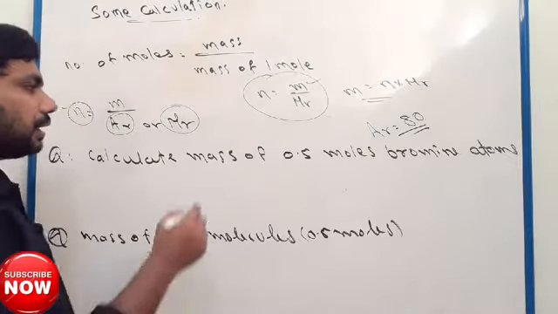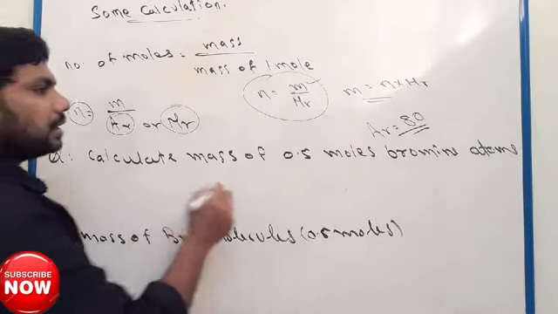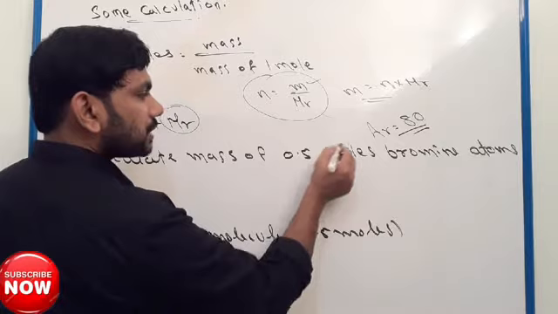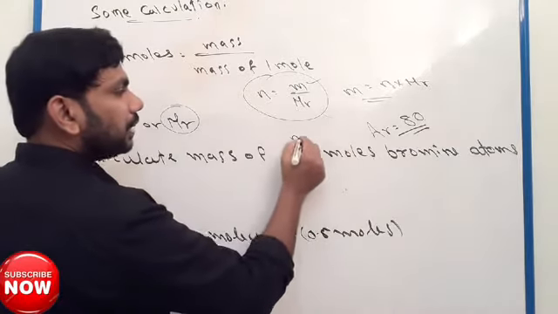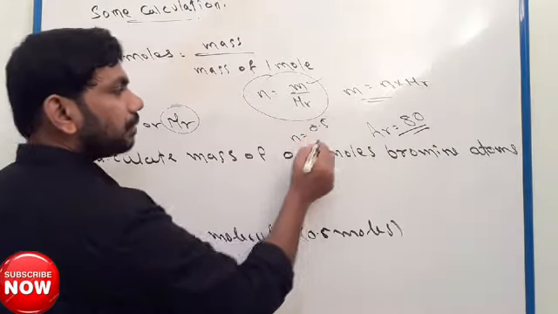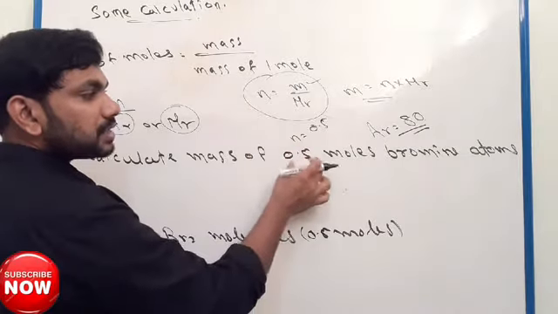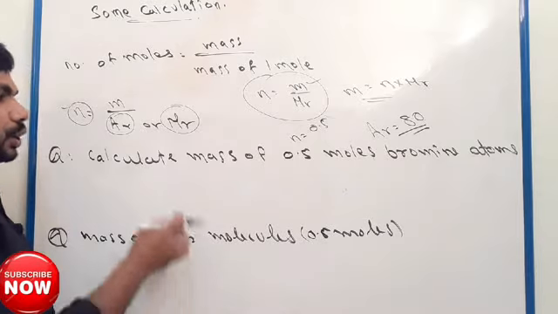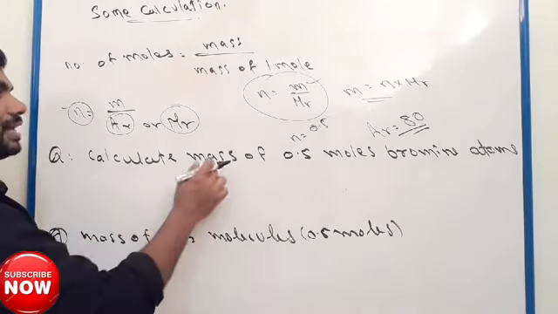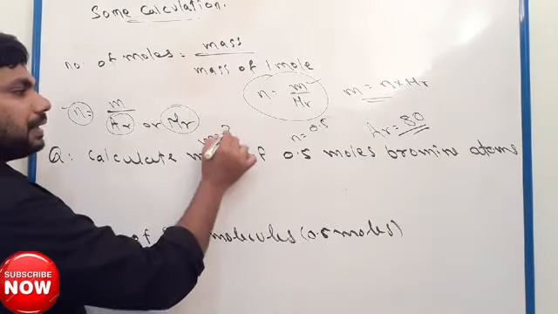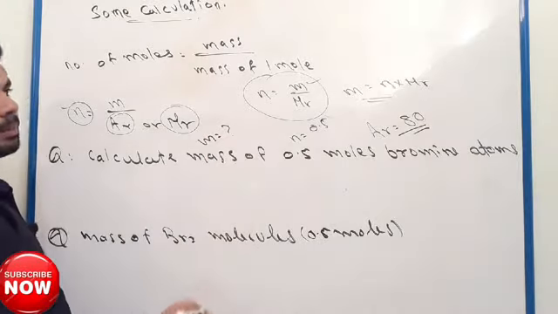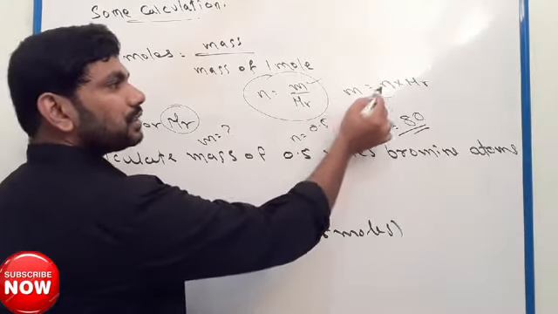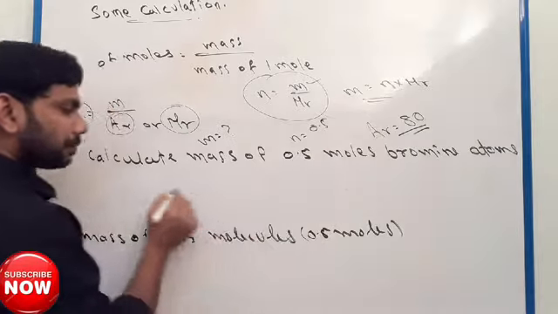Also given is 0.5 moles. n means number of moles, so n is equal to 0.5. The question asks to calculate mass. M means mass, so you have to calculate M. Mass is equal to number of moles times molar mass.